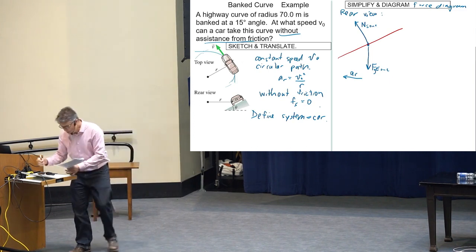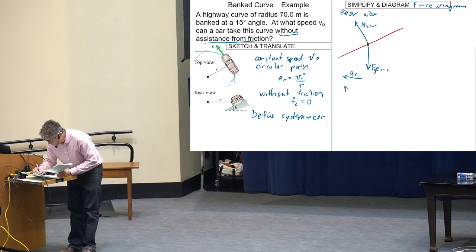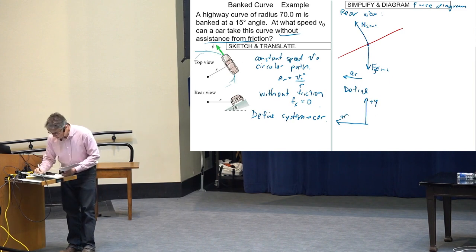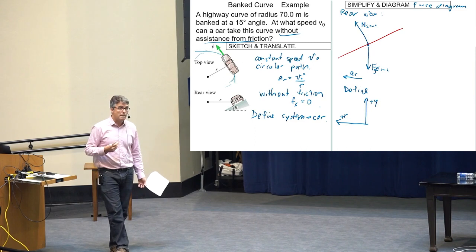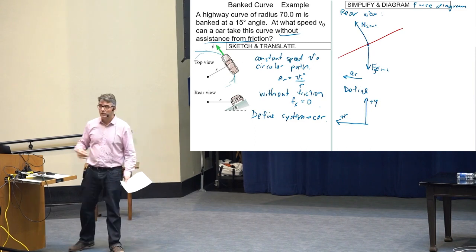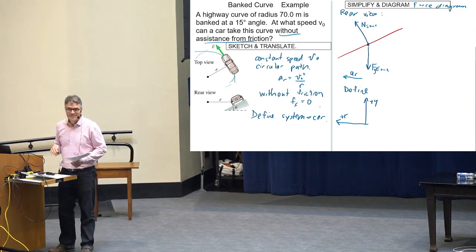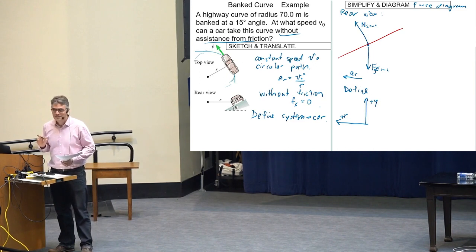So what we want to do, remember second step, once you define your system, define your axes. So I'm going to define plus y to be up and plus r to be to the left. And the reason it's to the left is because that's the direction towards the center of the circle in this rear view. And these are the trickiest parts of this problem. I've pretty much done all the really hard work now.